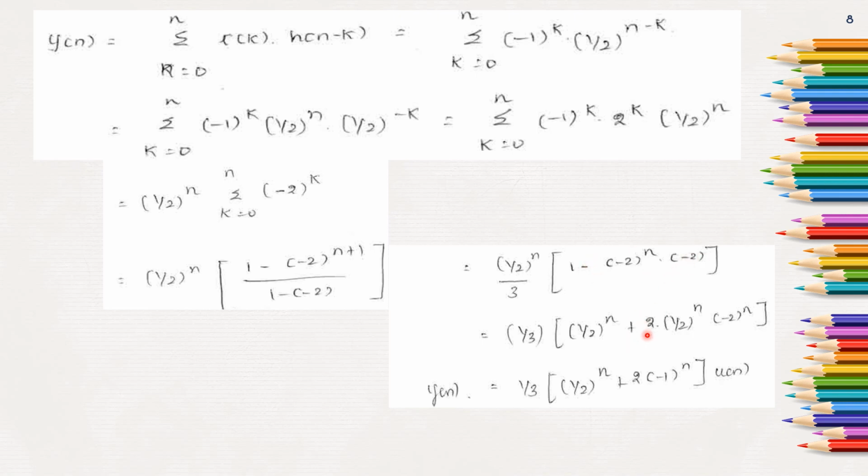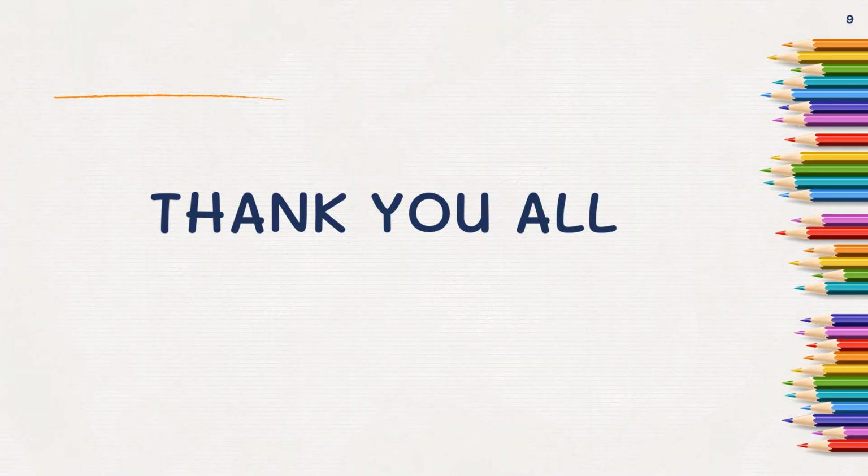So this 2 here, 1 by 2 the whole power n and minus 2 the whole power n. So what's your final answer? y of n is equal to 1 by 3 into 1 by 2 the whole power n plus 2 into minus 1 the whole power n into u of n. Right? Thank you all students.